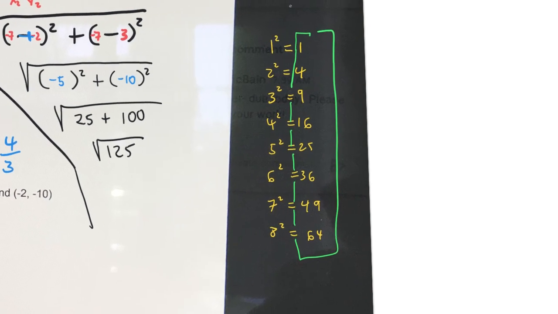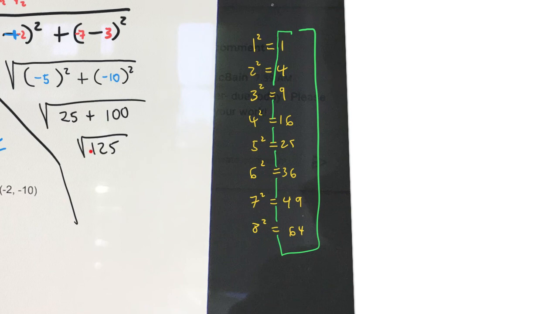Another concept that's going to be helpful when you're simplifying these is to know how to factor. For example, if I wanted to find all the factors of 125, one thing you could do is what I call the rainbow method, which is to put 1 over here and 125 over here, and then draw a rainbow between them, because you know that 1 times 125 is 125.